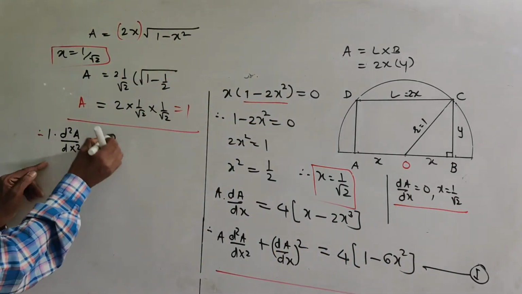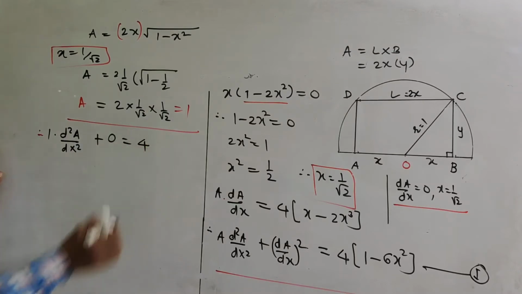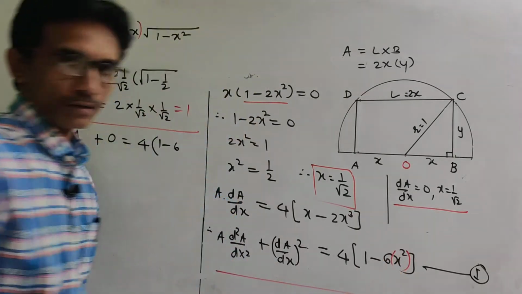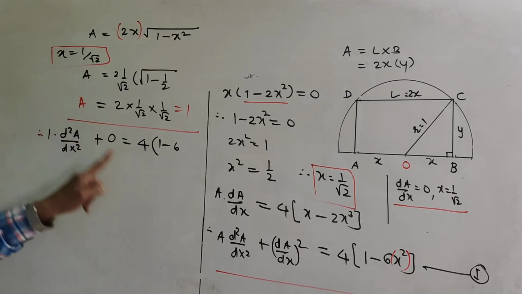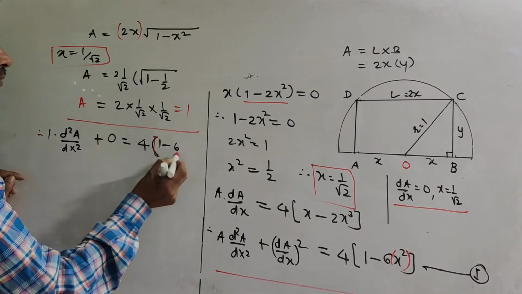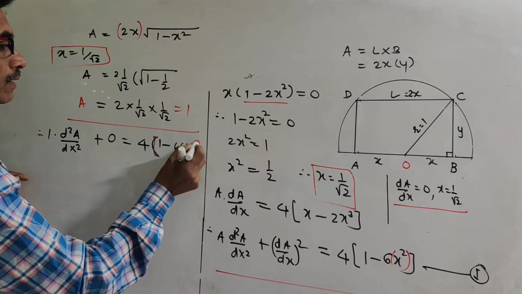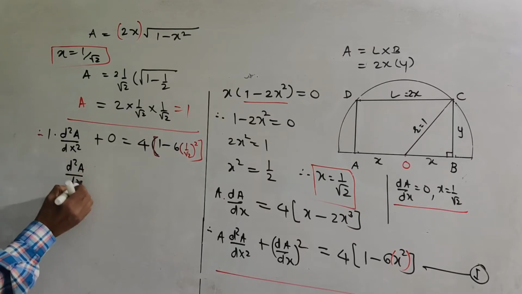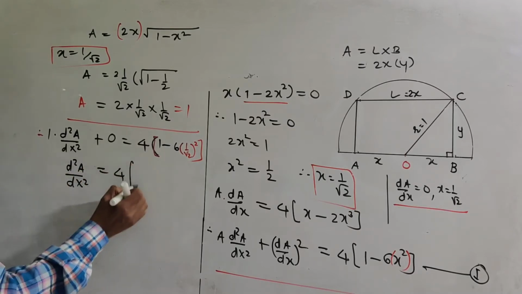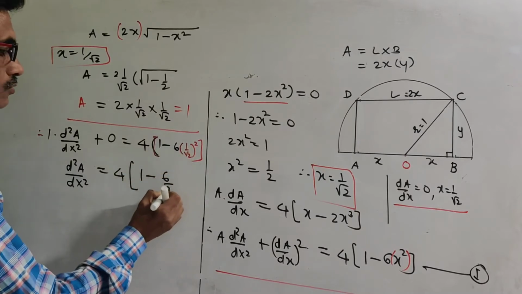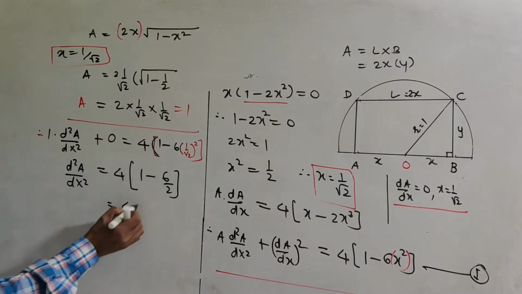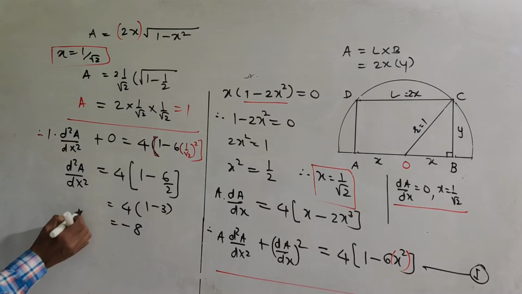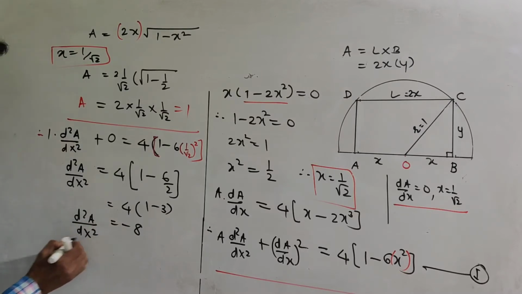So it is 0, and the right hand side will be 4 minus 6 into x square, that is 1 by root 2 square. Which gives d square A by dx square equal to 4 minus 6 by 2, that is 4 minus 3 times... which is minus 8. The second order derivative d square A by dx square is what?